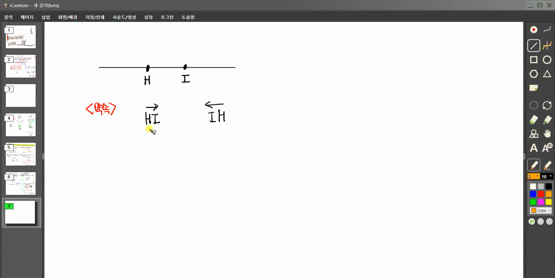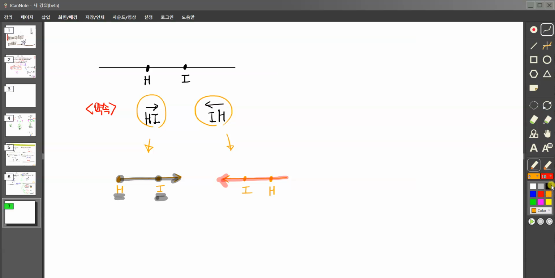Here, HI represents from H to I, which means we can draw the line like this. Here is an H, and next we meet the I, and the line goes to here.